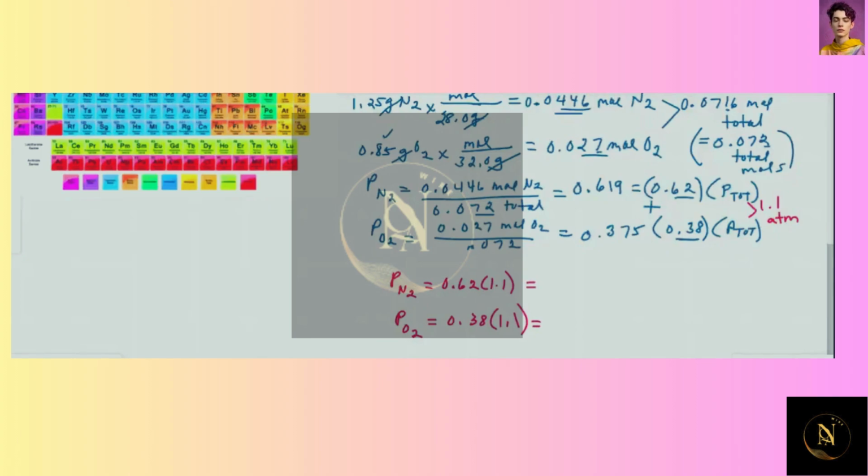When we do the math, the partial pressure of the nitrogen is 0.68 atmosphere, and the partial pressure of the oxygen is 0.42 atmosphere. If we add these two values together, we get the total pressure we started with, 1.1 atmosphere. That's a way of checking that you did the math properly and that the problem worked out the way you expected.